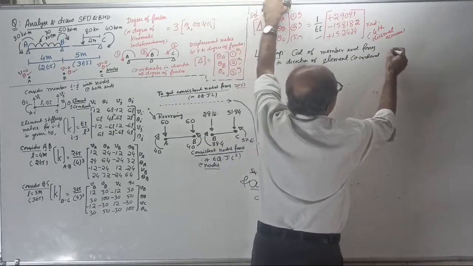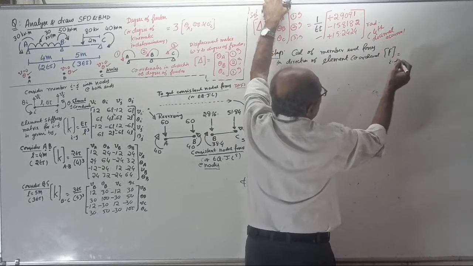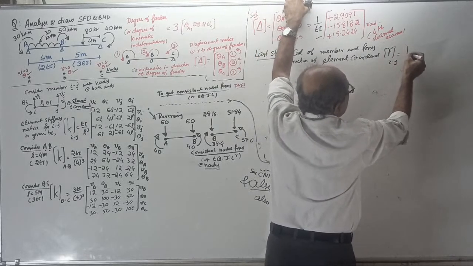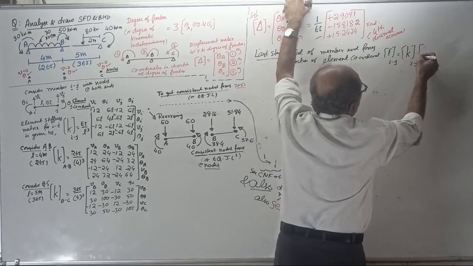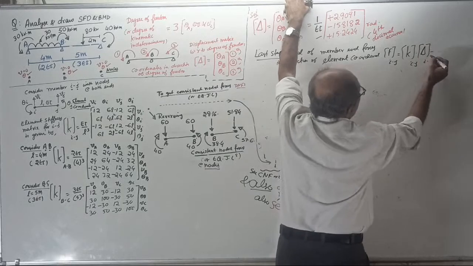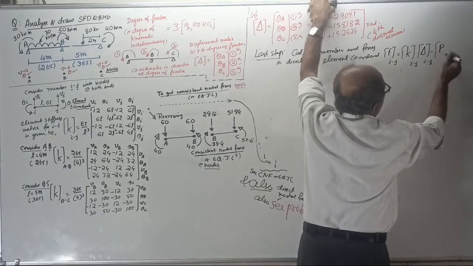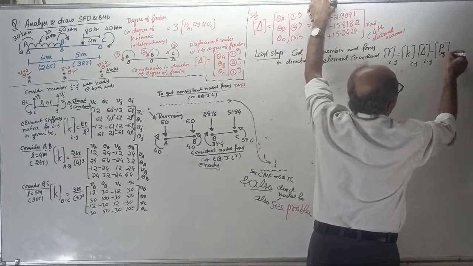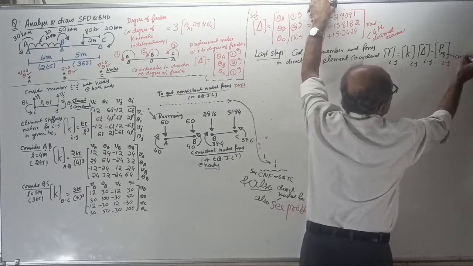That formula is: F matrix for ij equal to element stiffness matrix for ij into delta for ij minus force matrix, what I put as equivalent for ij, equivalent or consistent nodal forces.